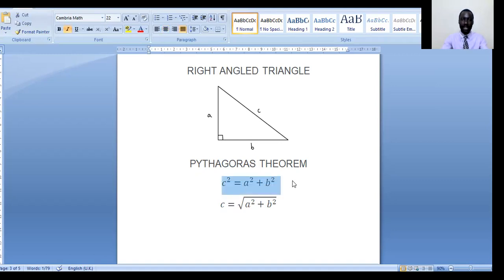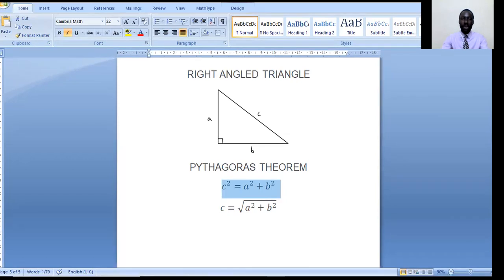I just highlighted it. Now, the other thing we want to include is, how do we find the value of B, and later, how do we find the value of A?